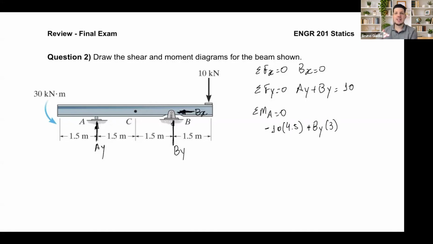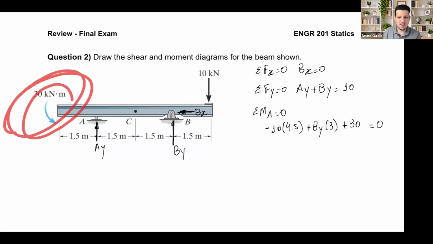And what about 30? 30 is already counterclockwise, so it's going to be positive 30, and no distance, because this is already a moment.